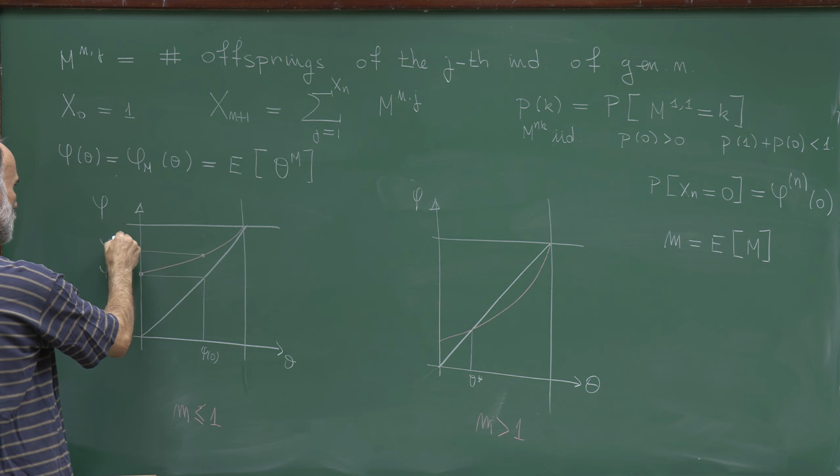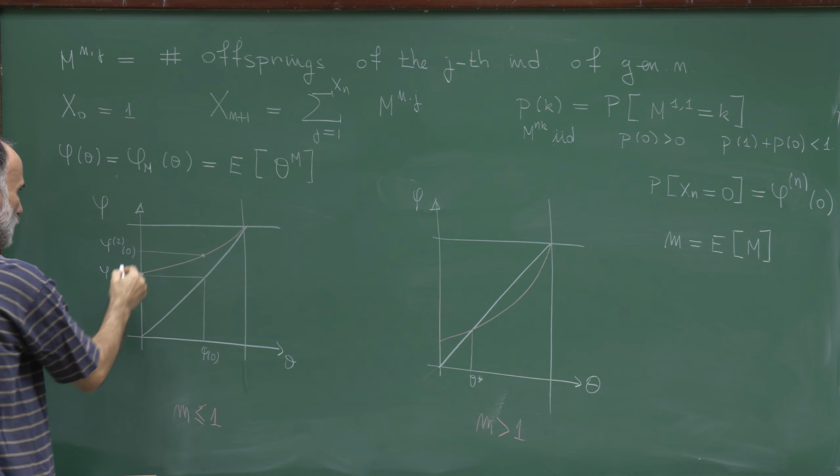This is phi 2 of 0. So you see the way you do that: you start with phi of 0, you go to the identity, to the diagonal, and then you go to the function. Now if I want to compute phi 3 of 0, I repeat exactly the same procedure with phi 2. I'm at phi 2, I want to find phi 2 here, so I go to the identity. Here is phi 2 of 0, and now phi 3 is this point.